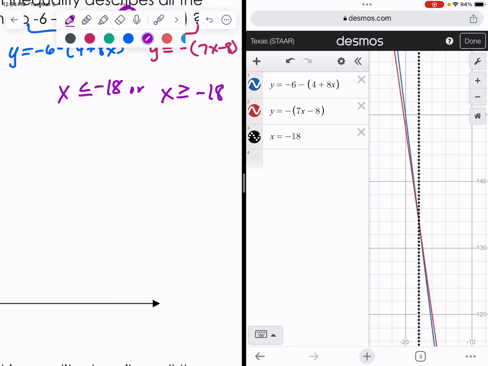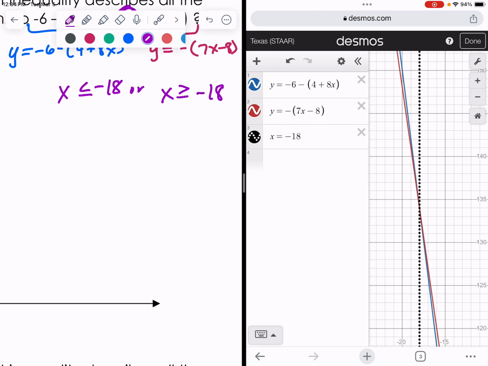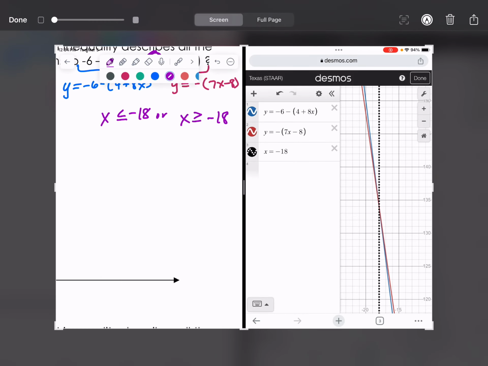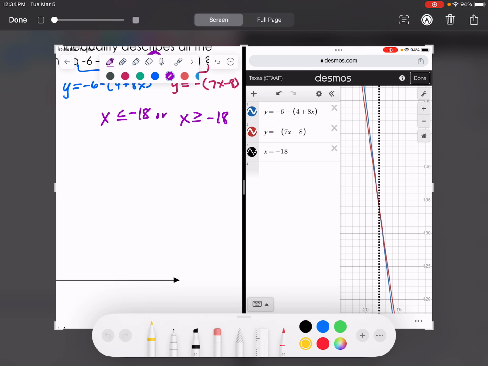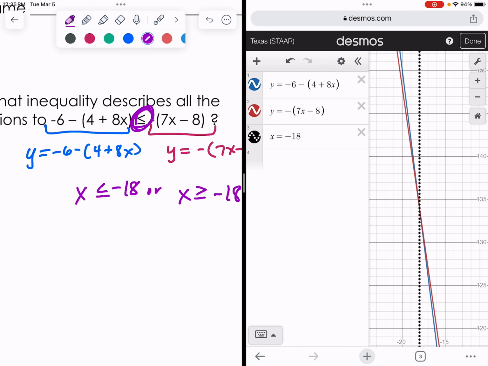Okay. And so this one's really hard to tell, but if you look, let me screenshot. To the left, the blue is above the red. Over here, the red is slightly above the blue. And what we want for our picture, for the answer, this is a less than, and so I want to know where it is below.